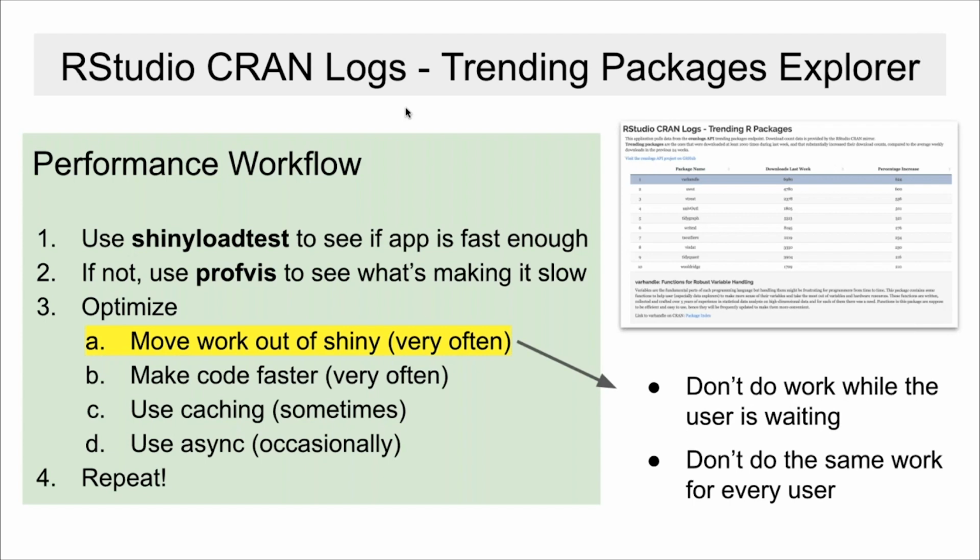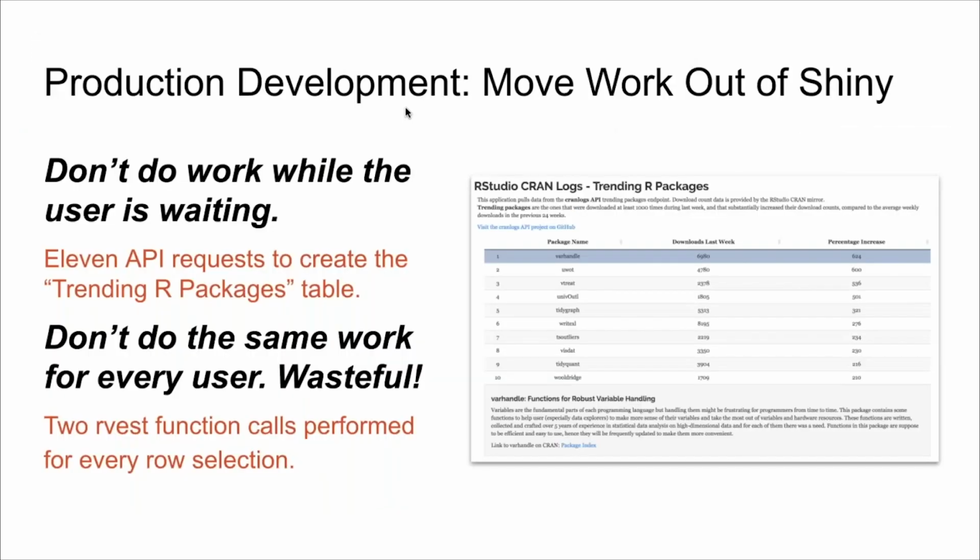That's very wasteful. So he had this example of loading the CSV data into a Shiny application every time a user connects. And this application I actually designed for the purpose of highlighting these two anti-patterns, but it does a very similar thing. I am making 11 API requests to the trending R packages table to create that data for the user.